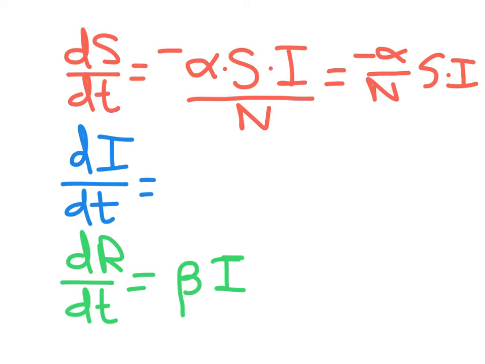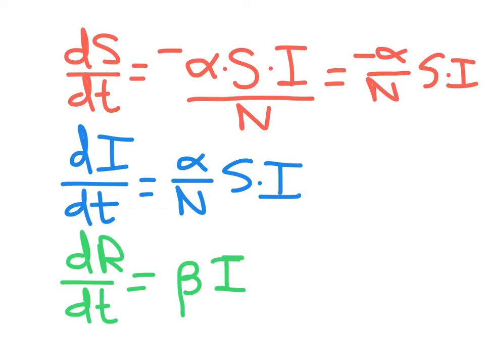Now, if we go to the middle, then we're looking at the number of people that are infected. So this comes together pretty well once we have these other two figured out. Of course, if we're decreasing the number of susceptible people by this factor of alpha over n times S times I, then that's going to be the same amount that we increase the number of infected people by.